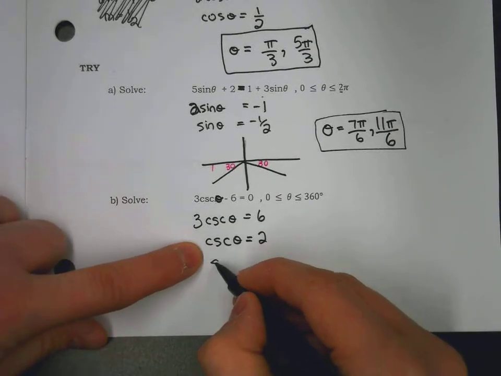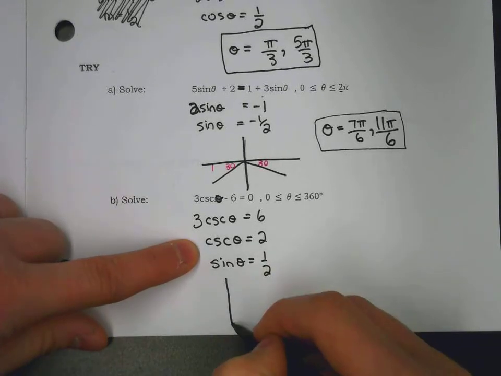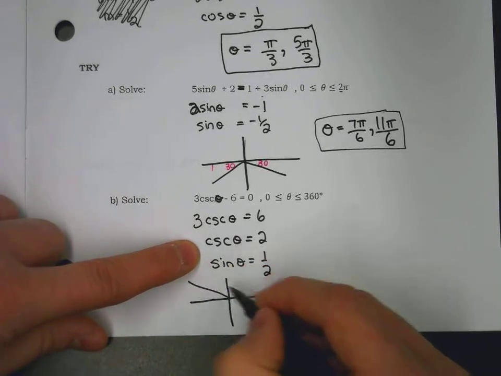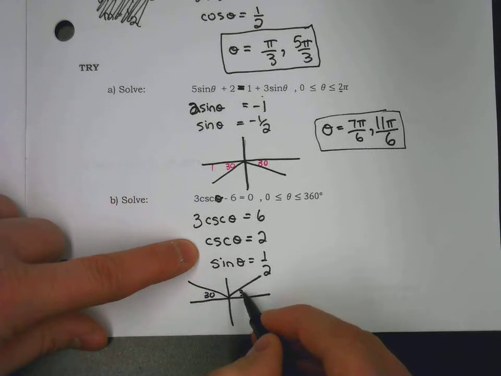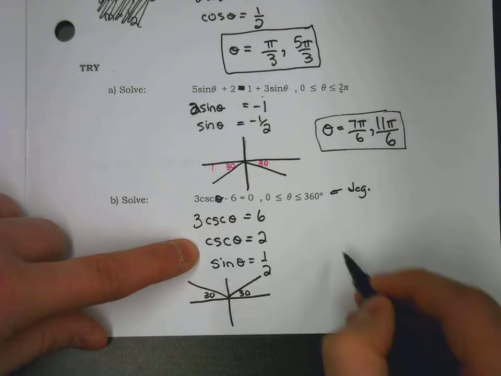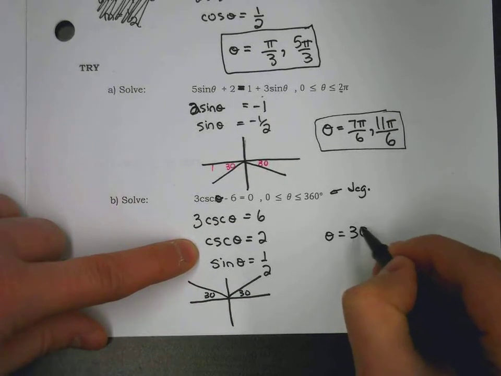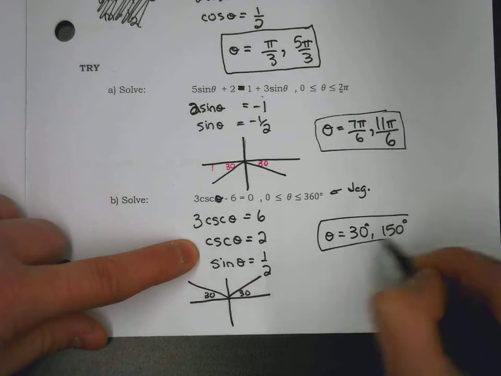Flip this to become a sine of theta equals 1/2, and we have a very similar question as the last one. But this time, sine is positive on the top with a 30-degree reference angle. Asking for this question in degrees, your answers are 30 degrees and 180 minus 30, or 150.